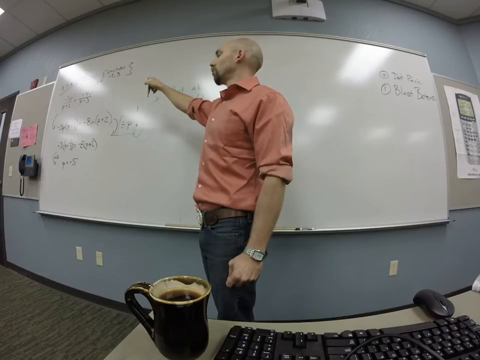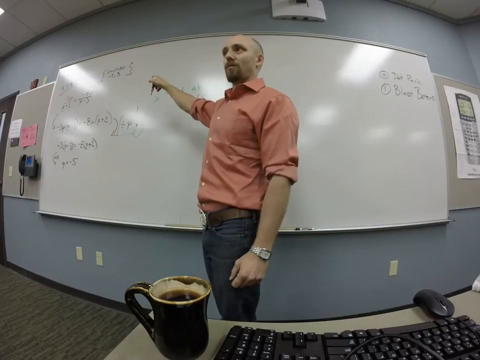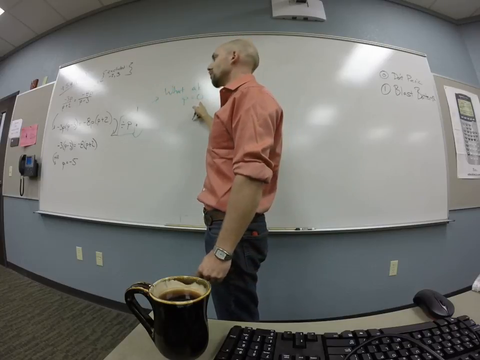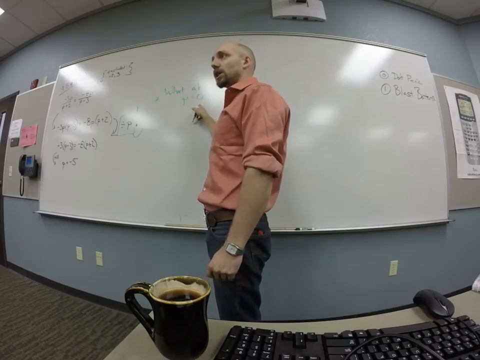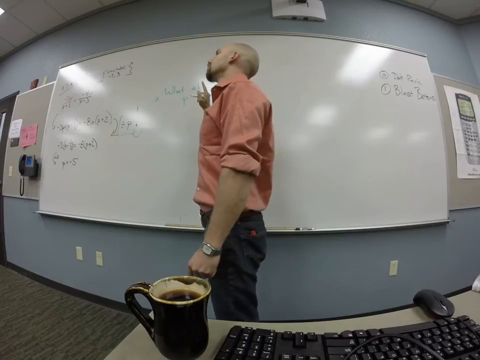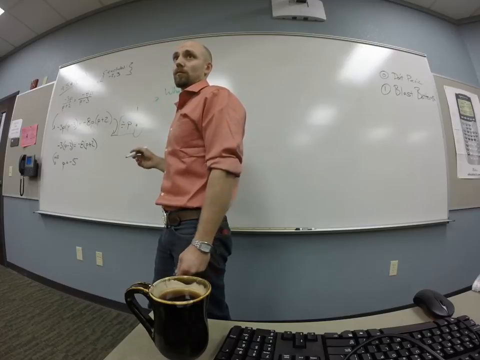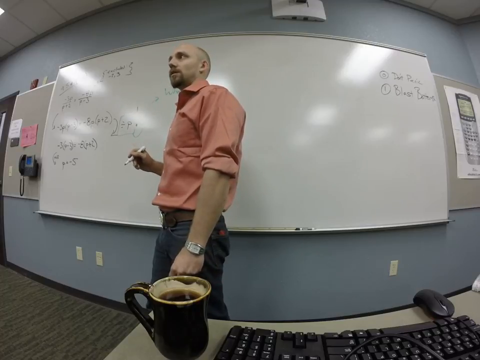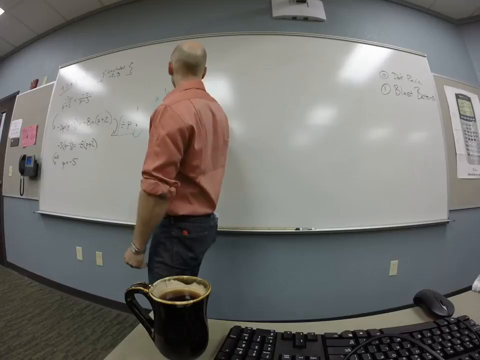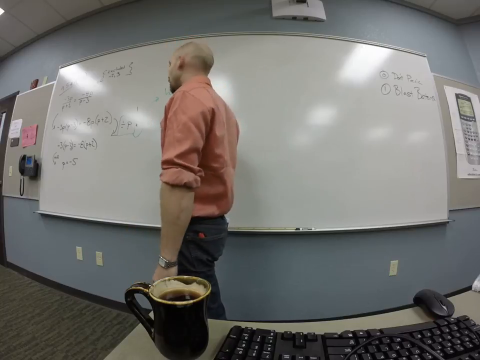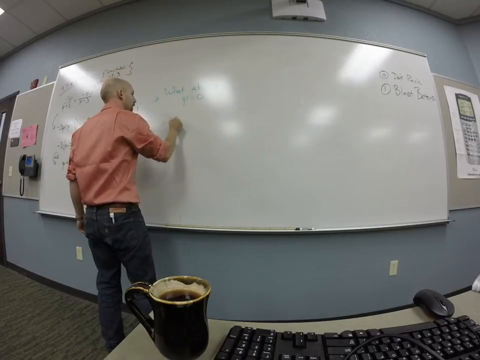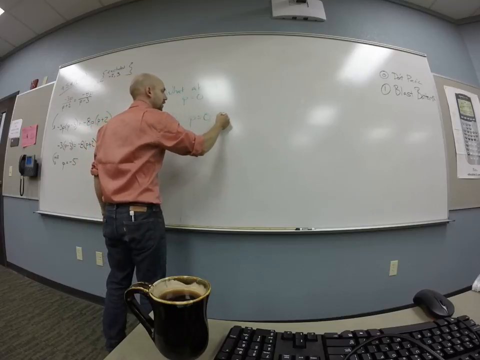Is 0 -2 or 3? No. Okay, so 0 is not on my list of excluded values, so I still have to worry about this. So then I should plug it in and see if it works. Really, I'm wondering, is p equals 0 a solution?